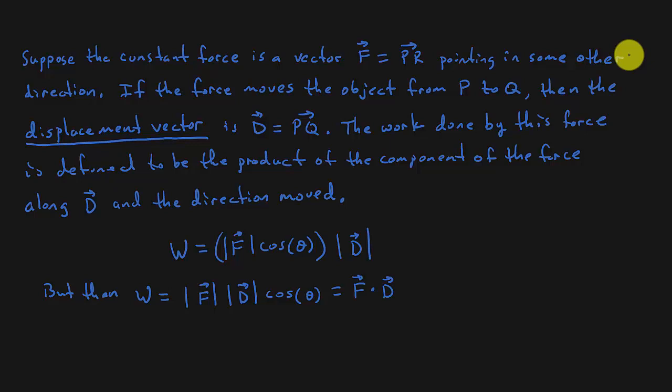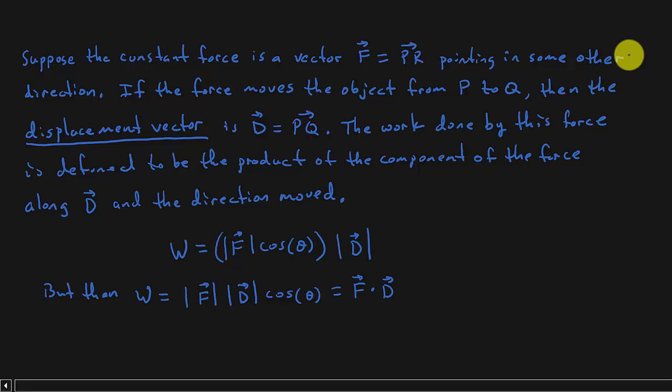The work done by this force is defined to be the product of the component of the force along D and the distance moved. So work is the magnitude of F times cosine theta times the magnitude of D. We can write this as W equals the magnitude of F times the magnitude of D times cosine theta. Just move it around like that.